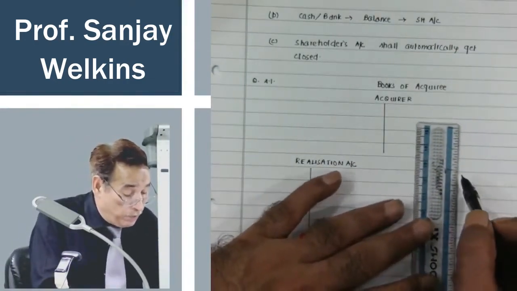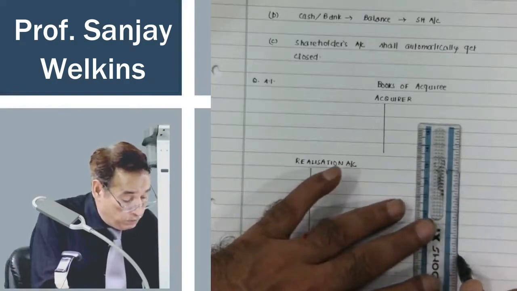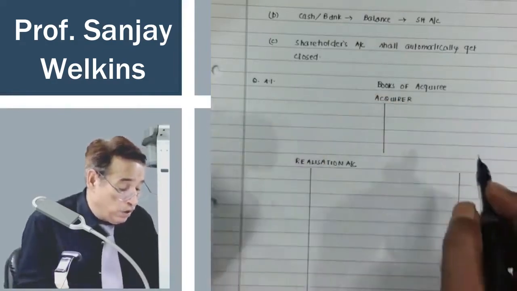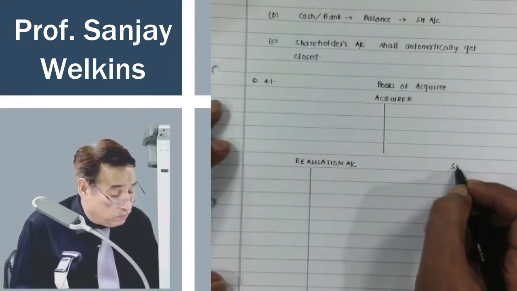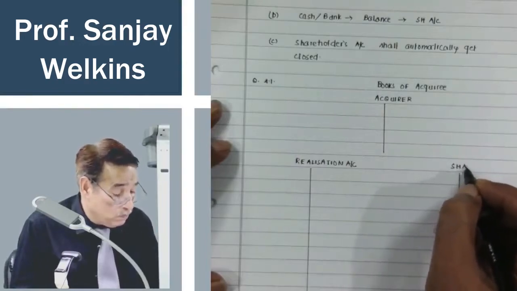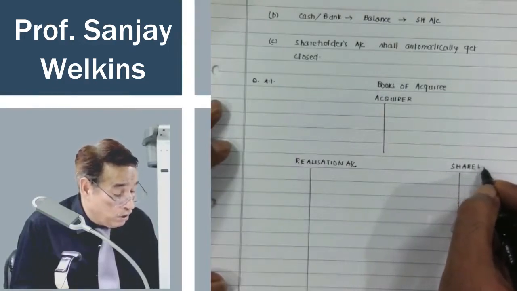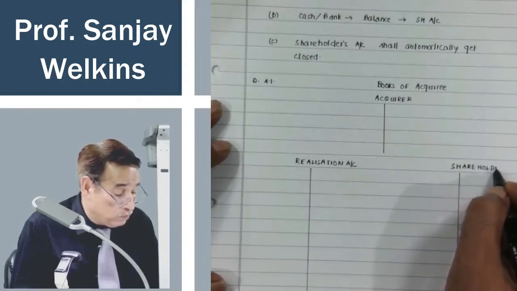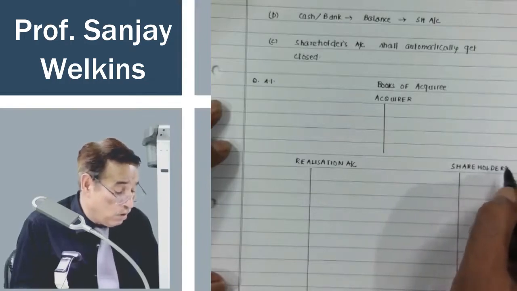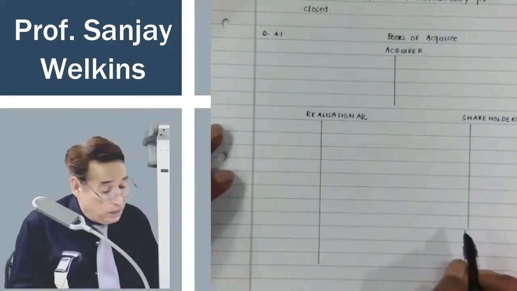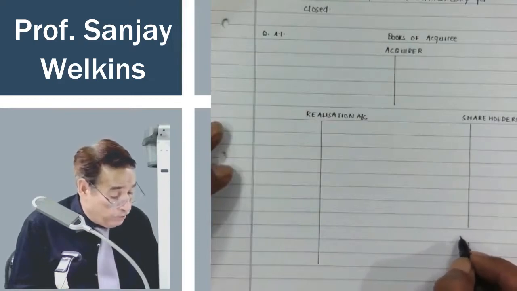This is shareholders account. And then finally, I will also prepare cash bank account. So these are the accounts which the acquiring company will have to prepare.